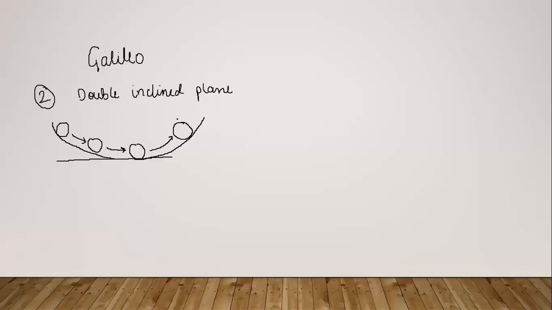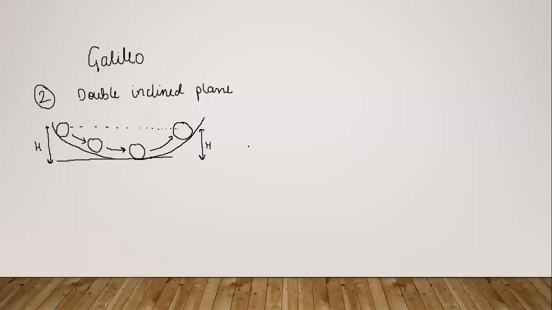If the planes are smooth, the final height is observed to be nearly the same. So he was talking about this height. The height from which the ball was released is h, and the final height which the ball reaches is also h. These two heights came to be almost equal, because in practical cases some friction would be there, so the height can be a little less than the previous height h.